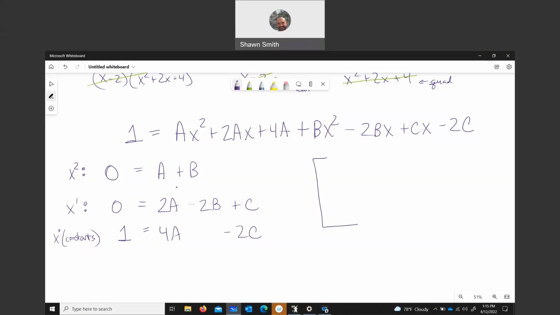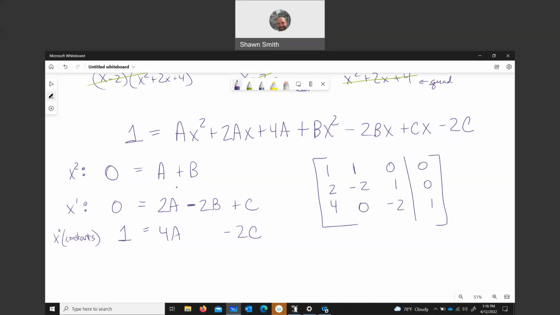So I have a 1, a 2, a 4. B's, I have 1, a negative 2, and then a 0. And then we have 0, 1, and negative 2. And our constants on the right side, 0, 0, 1.